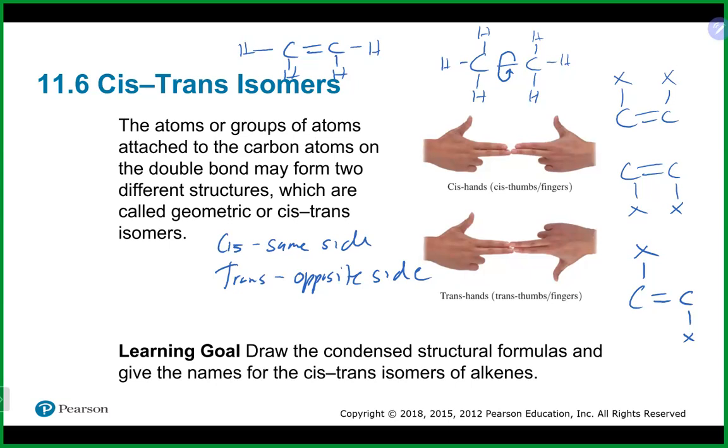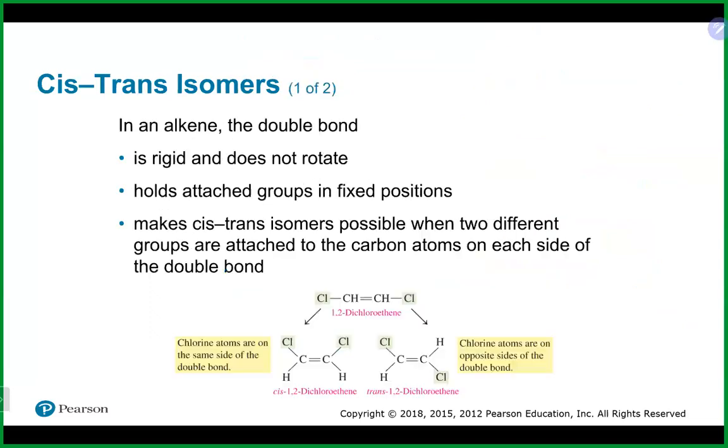But how do you know you can get a cis and trans isomer? There's two things that you have to look for. When you're looking at this carbon-carbon double bond, you need to make sure that on each carbon in the double bond, there are different groups attached. So you need different groups on the same carbon.